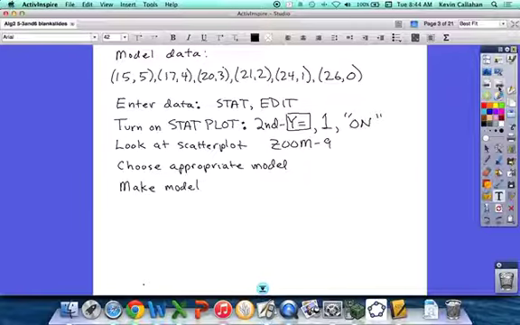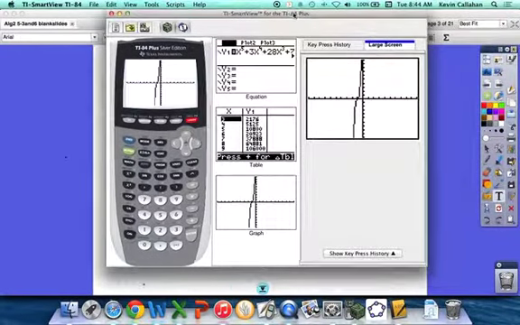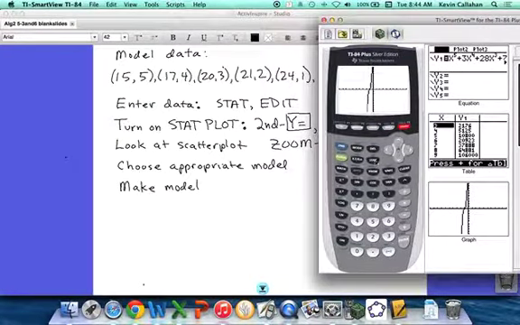Remember, we're going to go stat, which is this button right here, right? And then you hit edit, and then put your data. L1 is for the X values, L2 is for the Y values. While you're doing that, I'll do it too.